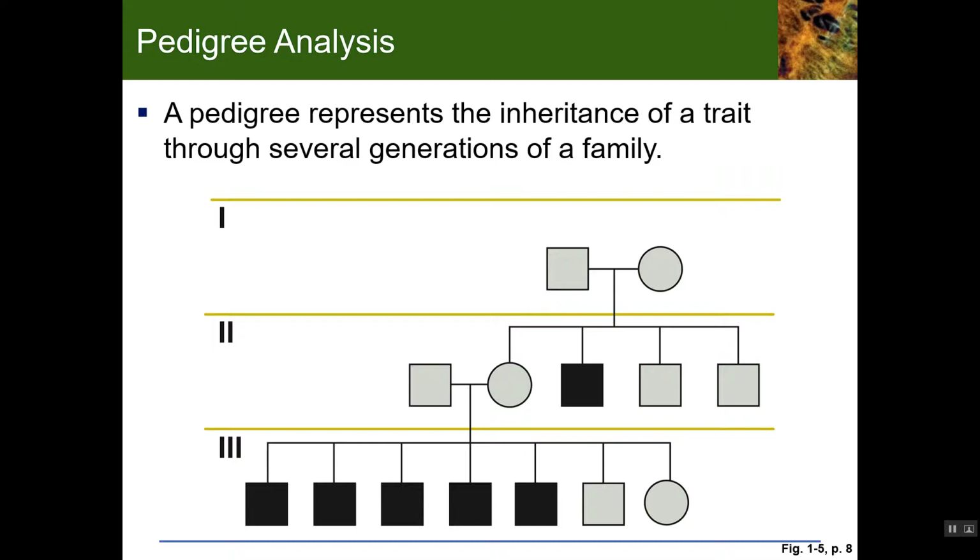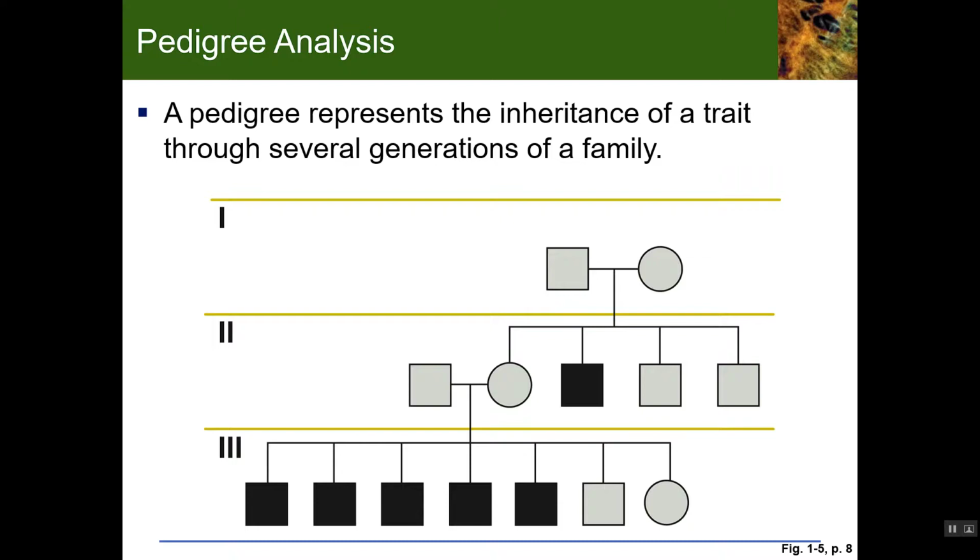The male and female in the uppermost section of this diagram mated and produced 3 male offspring, 3 boxes, and 1 female offspring. That female then had a relationship with a male that produced 1, 2, 3, 4, 5, 6 male offspring and a female offspring.